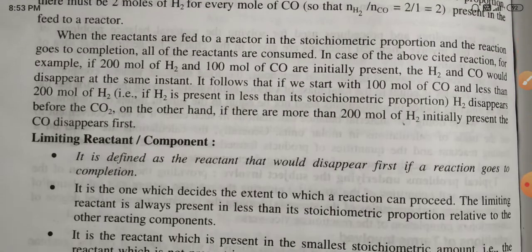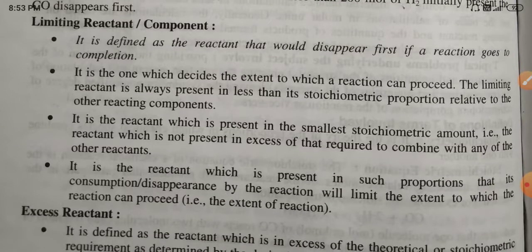Then the limiting reactant. It is defined as the reactant that would disappear first if a reaction goes to completion. It is the one which decides the extent to which a reaction can proceed. The limiting reactant is always present in less than its stoichiometric proportion relative to the other reactants.